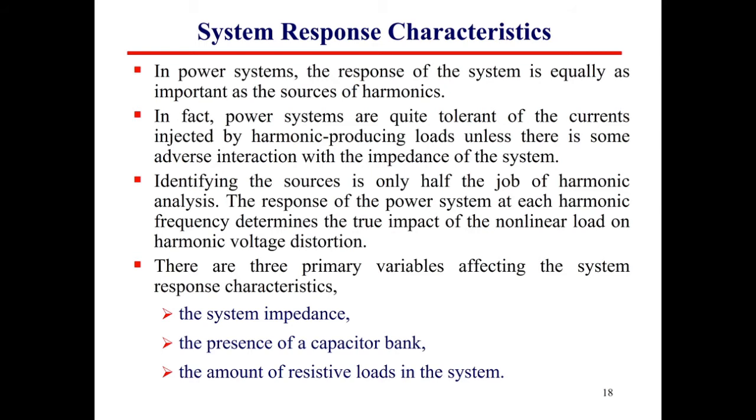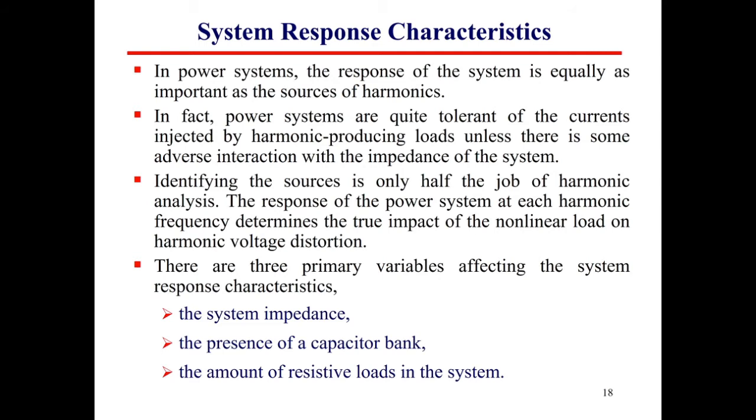Now let us look at system response characteristics. In a power system, the response of the system is equally as important as the source of the harmonic. In fact, power systems are quite tolerant of the current injected by harmonics, unless there is some adverse interaction with the impedance of the system.